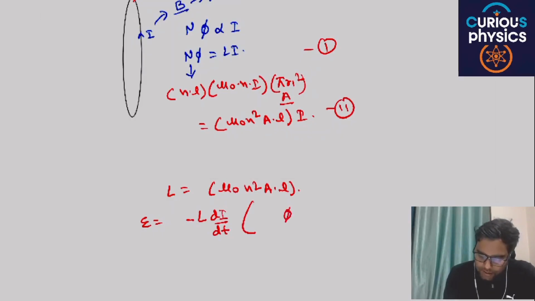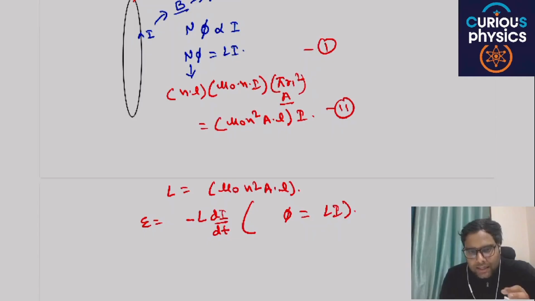Because phi is equal to L into I, if you are increasing the current in this coil, then an induced EMF will be set up in this coil, which will try to change the impact of this particular current.